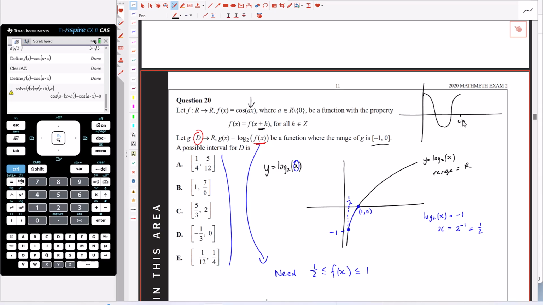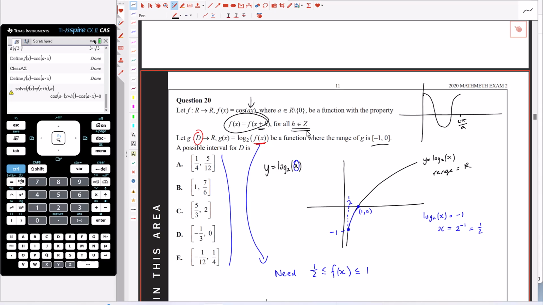It currently has a period of 2 pi on A. So the only way this statement is true is if we are translating by a full period, so if h is plus or minus 2 pi on A. The key here though is that this statement is true for every integer h.